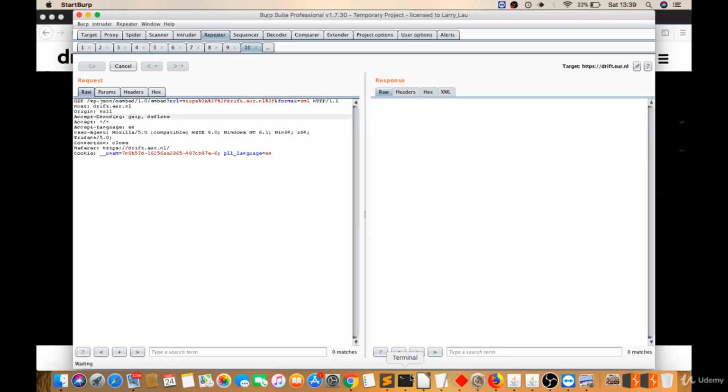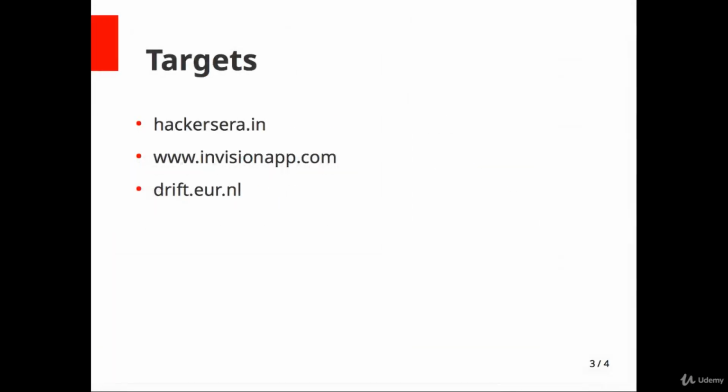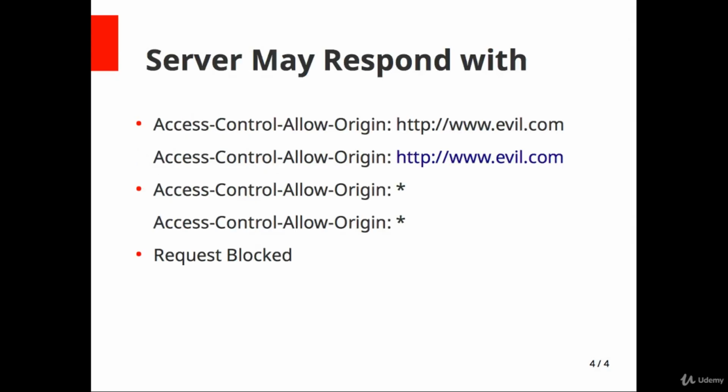So drift.eur.nl is secure. They limited it to their domain only. They are not enabling it for other domains. So they blacklisted all other domains. They just whitelisted one domain, that is drift.eur.nl. So this is all about finding insecure CORS through request header.